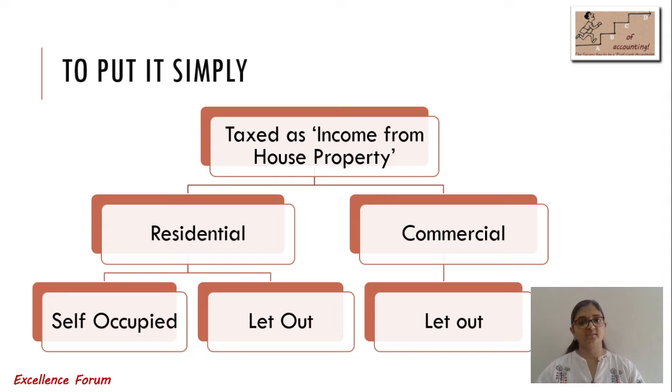But in case of a commercial house property, only if it is a let out property, then its income is considered to be income from house property. In case of a self occupied commercial property, the income or expenses with regard to that is considered to be a part of income from business or profession.